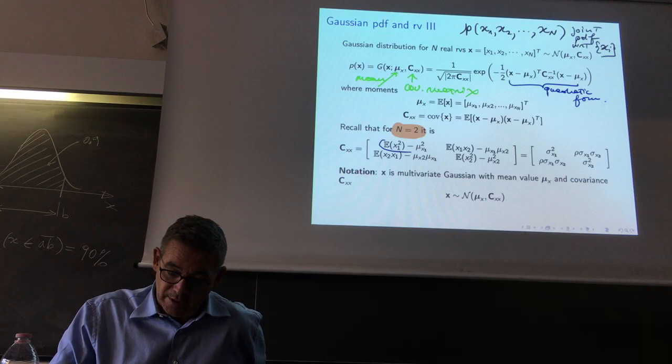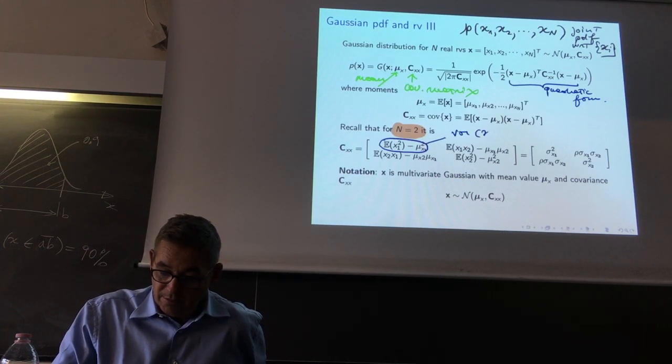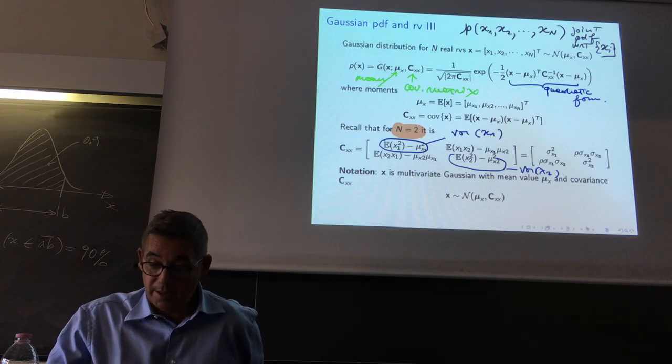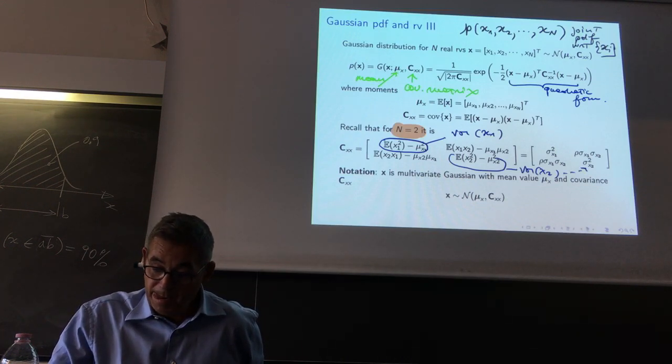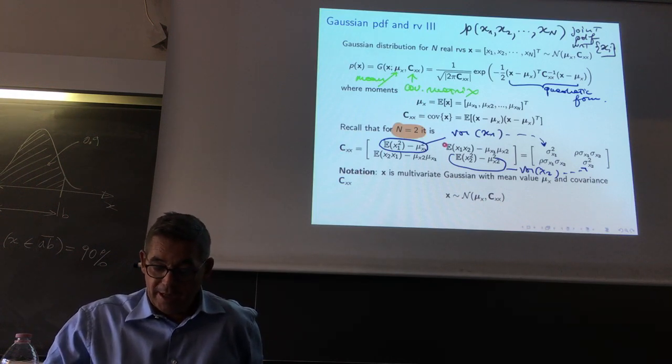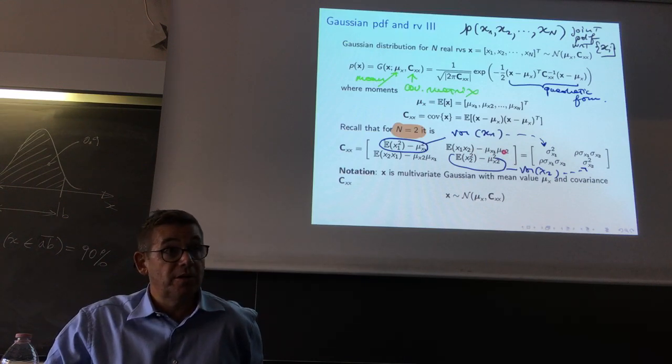This one is the variance of x1, and this one is the variance of x2, which are indicated as sigma squared. And what is the other? The other is the expectation of x1 minus mu x1 times x2 minus mu x2.